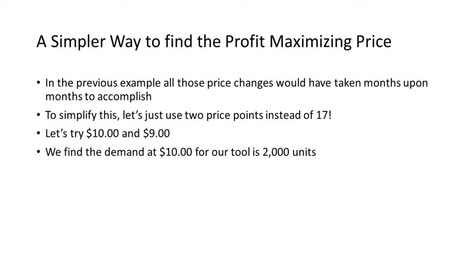We can start with the $10 price and measure the demand and find that demand is 2,000 units over a certain period of time. And then when we lower the price to $9, we find that the total tool demand is 2,800 units over that same period of time.